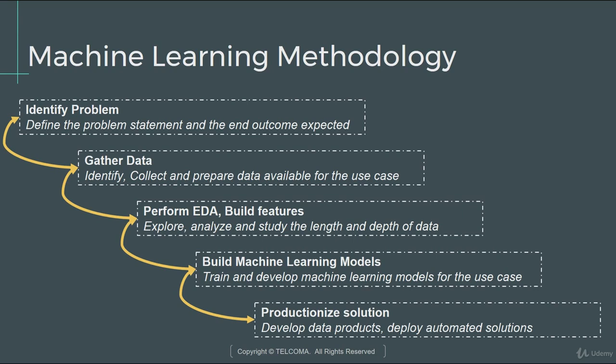Once you have the data under one roof, the next step is to understand the data. And that's when we have EDA. Performing EDA and building features is a step where you get the depth of the data, understand what the data is talking about, understanding what the story in the data is. In this process, you get the true depth of the data and understand more about the problem.